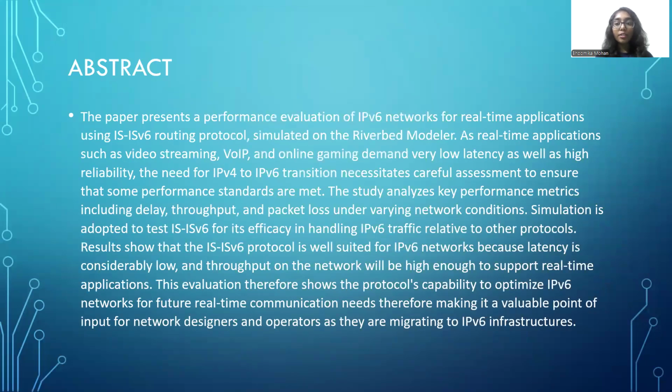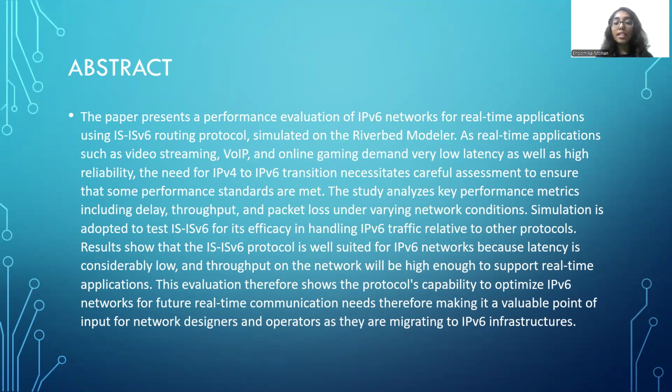Coming to the abstract, the paper presents a performance evaluation of IPv6 networks for real-time applications using ISIS-v6 routing protocol simulated on the Riverbed Modeler. As real-time applications such as video streaming, VoIP, and online gaming demand very low latency as well as high reliability, the need for IPv4 to IPv6 transition necessitates careful assessment to ensure that performance standards are met.